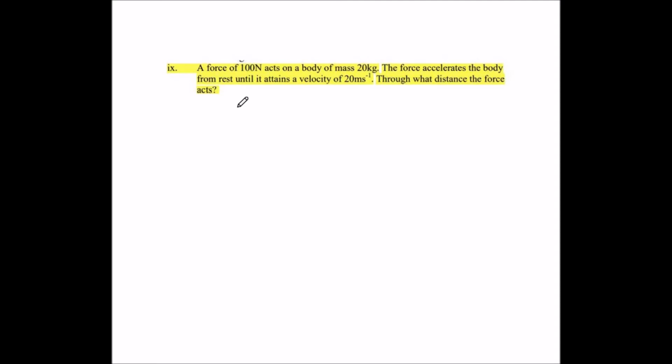First of all, make a habit, write the information given and required. Given and required, what we have: force in this question. The symbol of force you know well, F, and force is given 100 Newton. Mass of the object is 20 kilogram, m is equal to 20 kg.